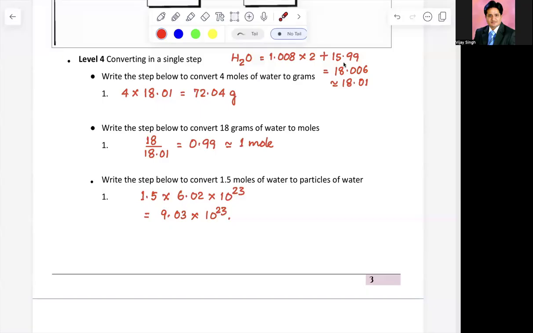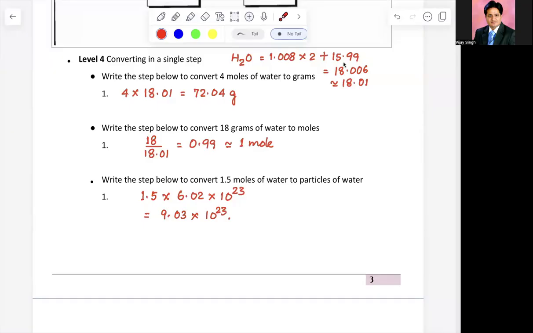Next part of the question is, write the steps to convert 18 grams of water to moles. In order to calculate the moles, you have the mass divided by the molar mass. When you have mass over molar mass, you get the number of moles, which comes out to be 0.99, which is approximately 1 mole.